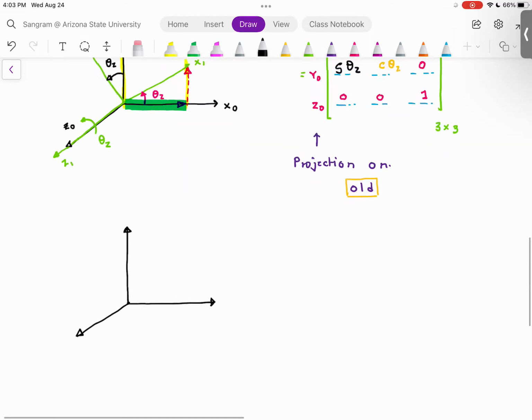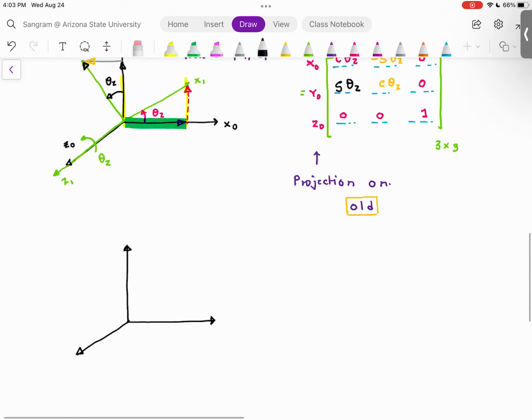No? Okay, I think that is important. Can someone tell me what is Newton's second law? Force is equal to mass times acceleration. Force is a vector, mass is a scalar, a is a vector. This is Newton's law, right?